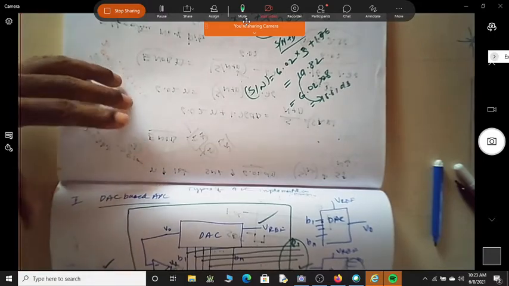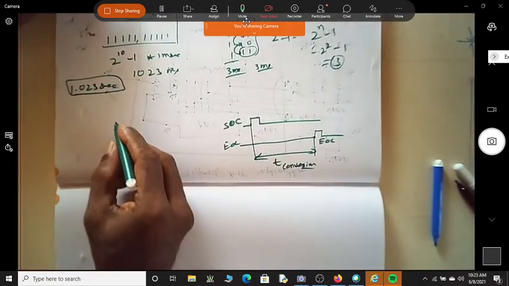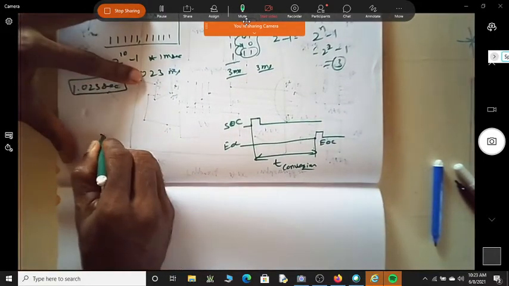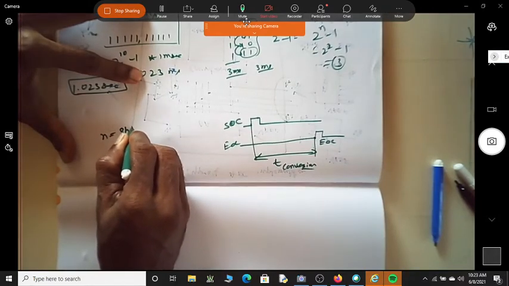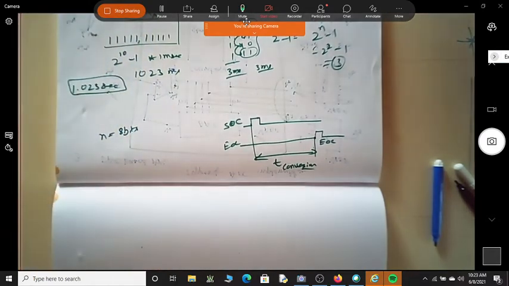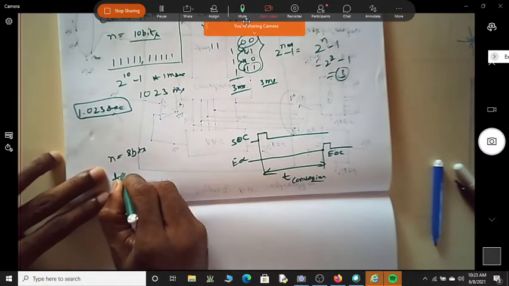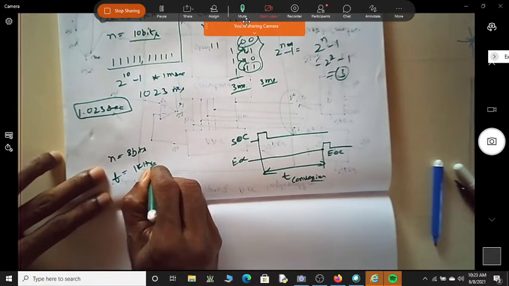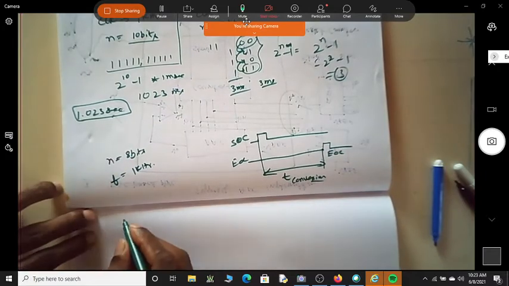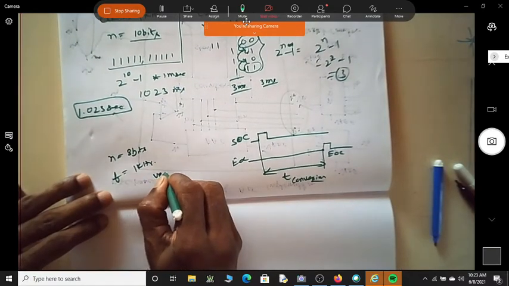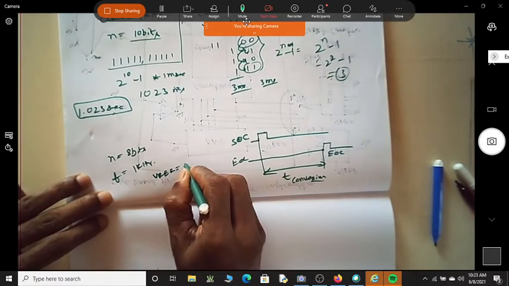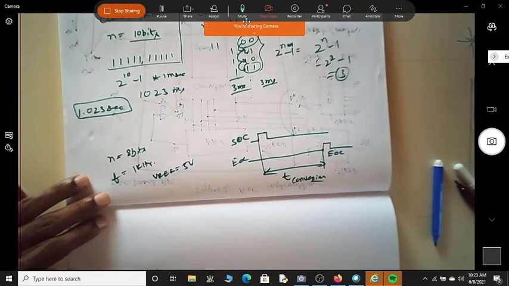Okay, let us take up an example. Let us take n is equal to 8 bits. Correct? Then let us take a clock frequency of 1 kilohertz, and a V reference of 5 volts. Done.